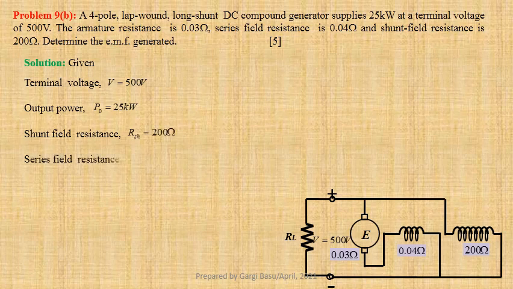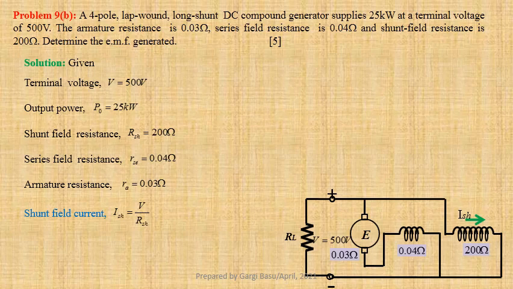Series field resistance RAC equals 0.04 ohm. Armature resistance RA equals 0.03 ohm. Let us now calculate shunt field current. ISH equals V by RSH.